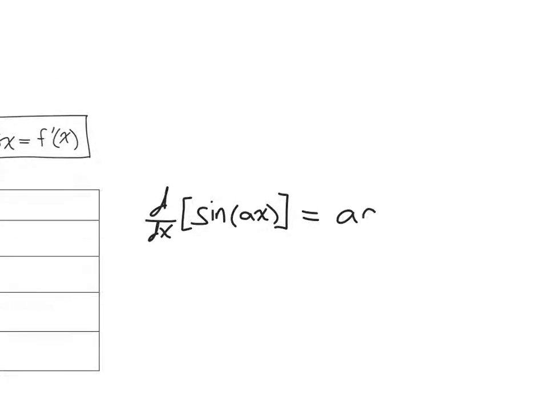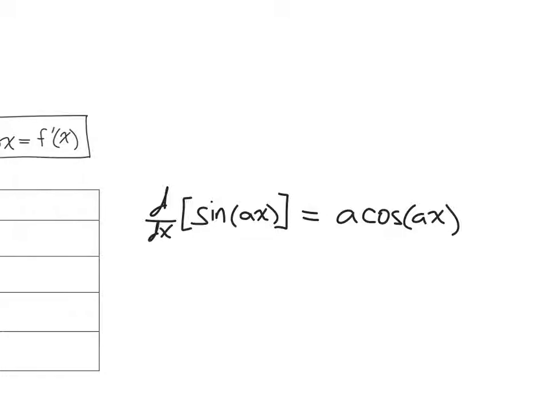A cosine ax. All right. So along those lines, we have the derivative of cosine of x is equal to negative sine of x. We just discovered that the derivative of cosine of 5x is the same as negative 5 sine 5x.